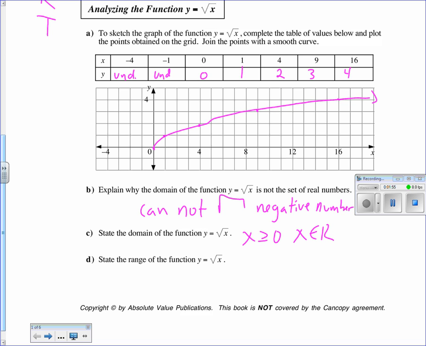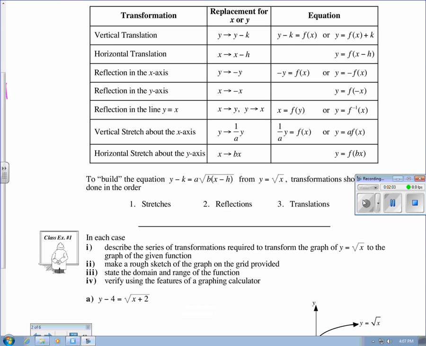And my y value shows that y is greater than or equal to 0, and y is also an element of the reals. So we've got a really nice summary of our SRT work from before, vertical translations, reflections, and stretches, and the notion of inverses there.